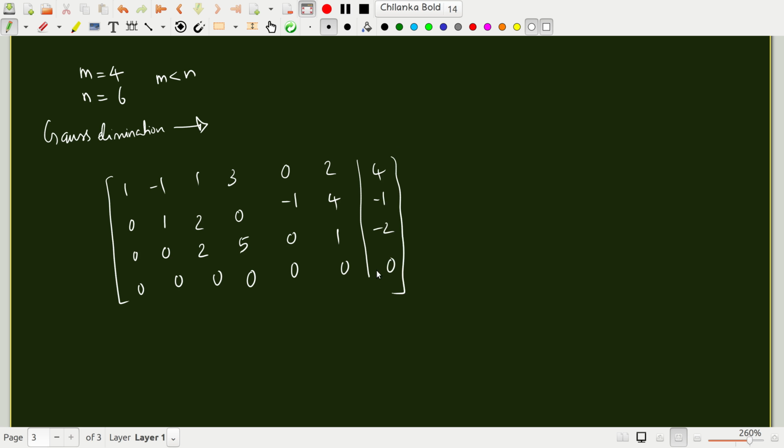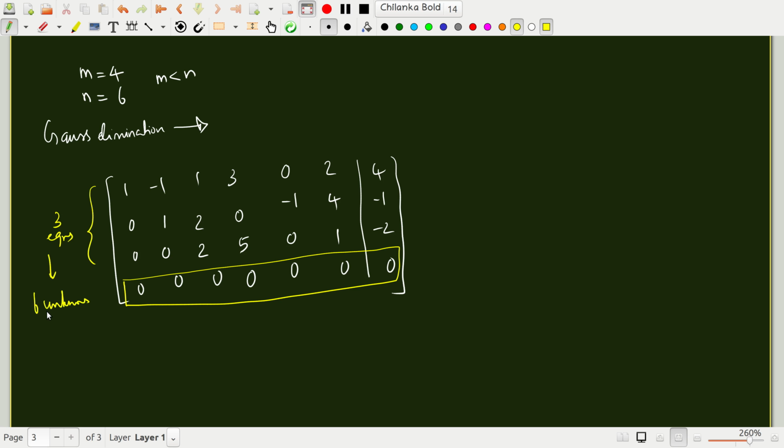Now, the last row is completely 0, so this means that one of the equations in the original set was linearly dependent on the others, so that has come out as 0. So Gauss elimination removes that linearly dependent equation, and you are left with only 3 equations for 6 unknowns.